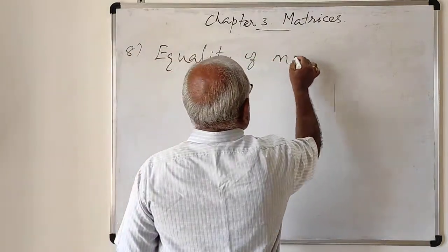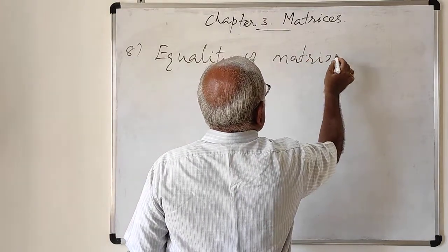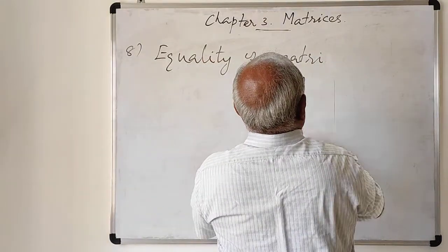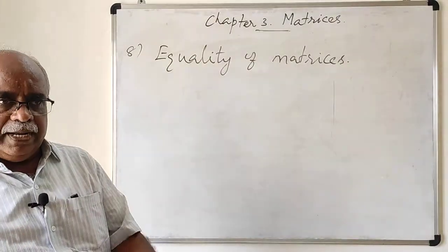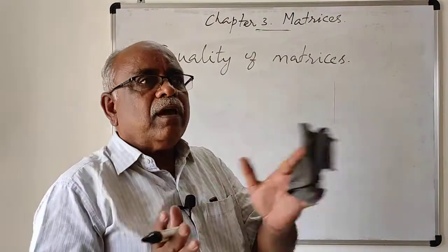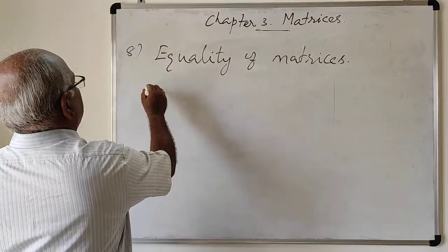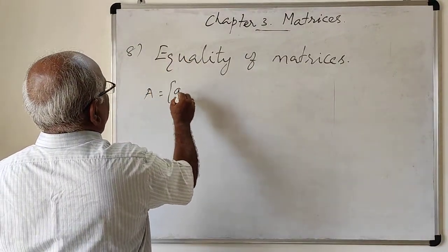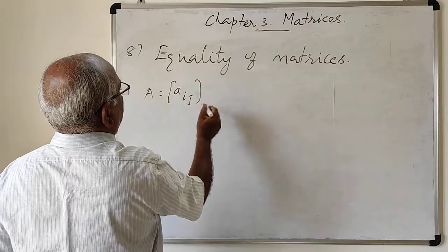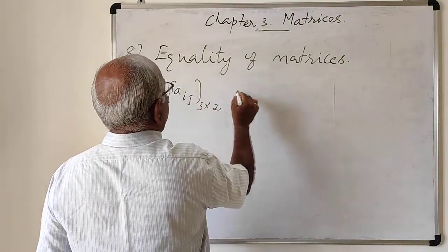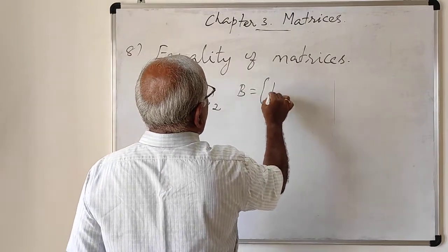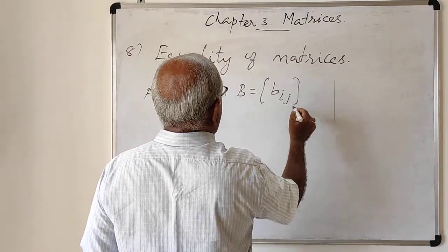If the two matrices of same order are element-wise equal, they are equal. A is a matrix Aij of order, for example, 3 by 2. B is also a matrix of elements Bij of order 3 by 2.